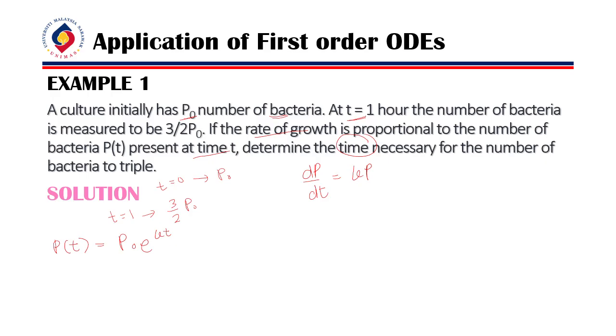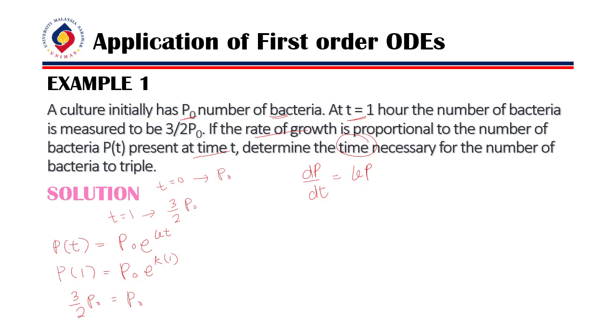And then after 1 hour, we consider the value that is given after 1 hour. What happened is P naught e^(kt), and after 1 hour, the P here is increased to 3/2 P naught.